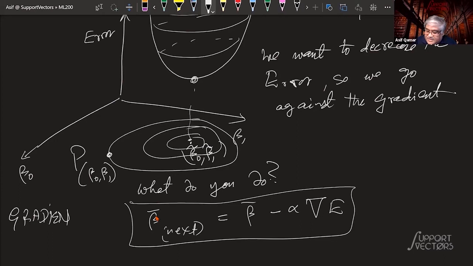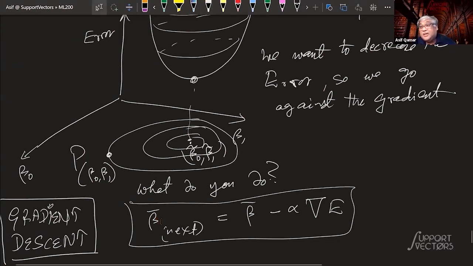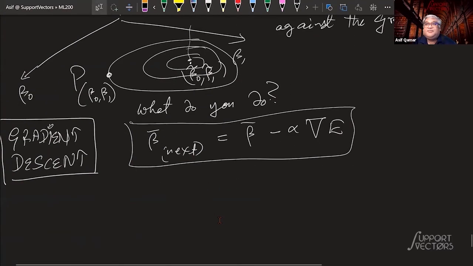That is essentially the heart of machine learning. The learning of machine learning often amounts to gradient descent towards the minima. That is why I took some time to explain this concept, because it is not just a concept in machine learning. It is one of the concepts central to this field, right?